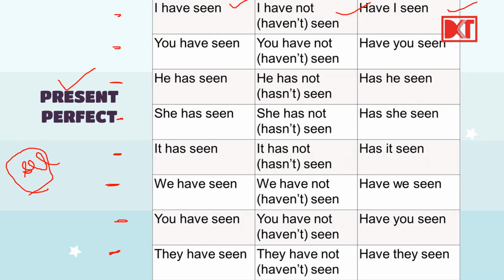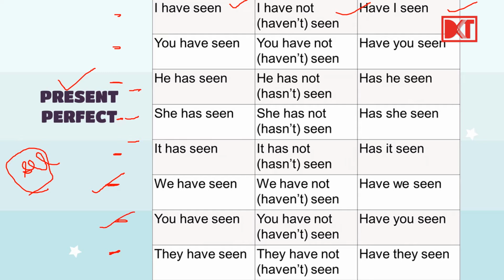And then for the third person, male, female, neutral remains the same obviously. He, she, it has seen or hasn't seen, or has he seen, has she seen, has it seen. Then we have first person plural, we have seen, we haven't seen, have we seen.